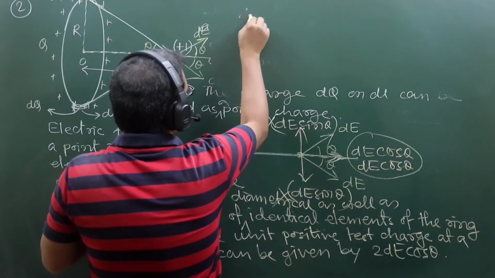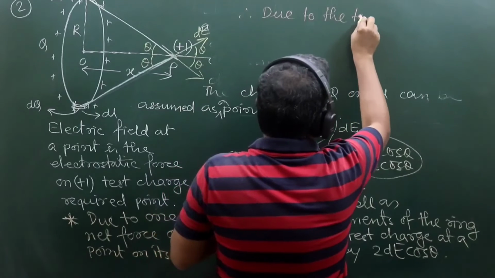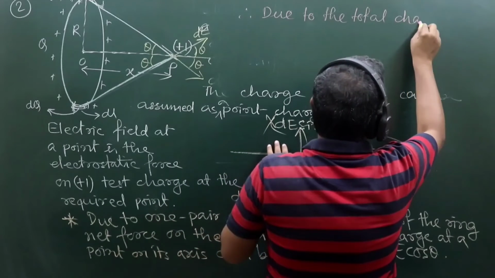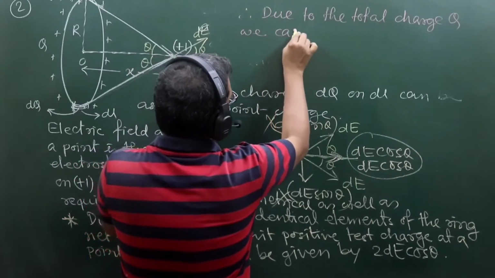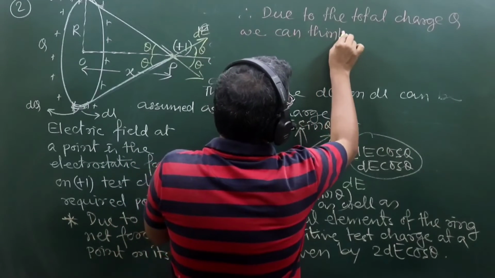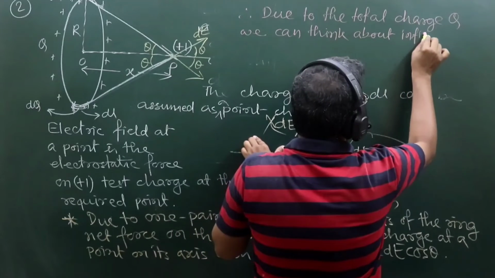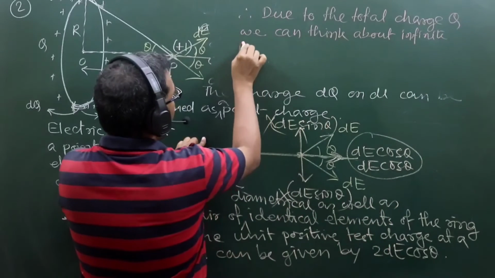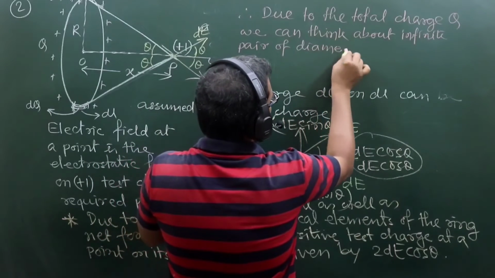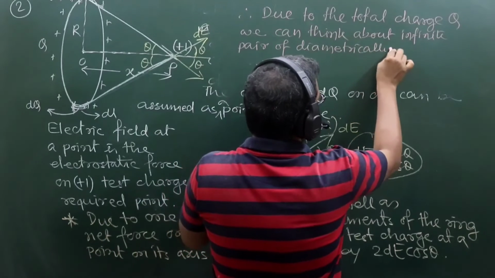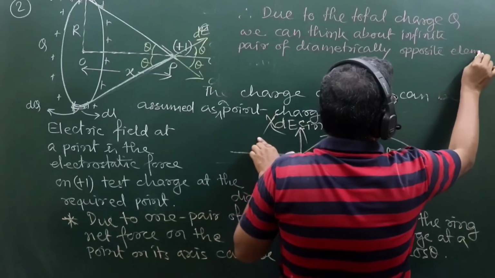Therefore, now we will write down: due to the total charge capital Q, we can think about infinite pairs of diametrically opposite elements, right?